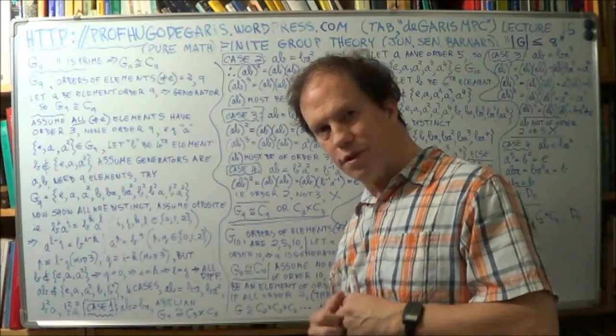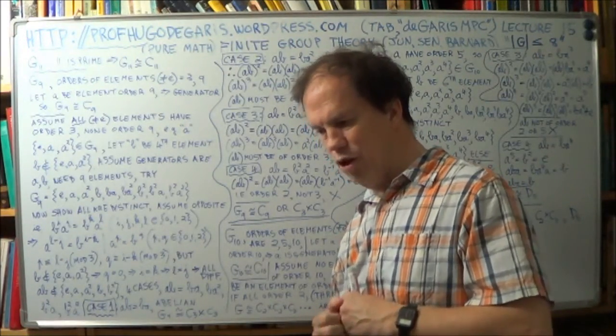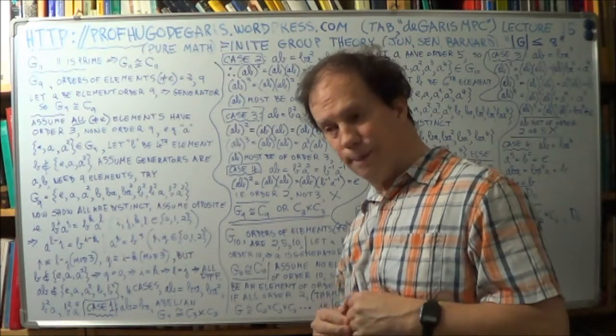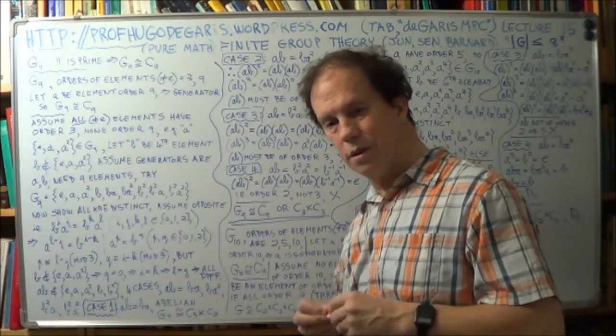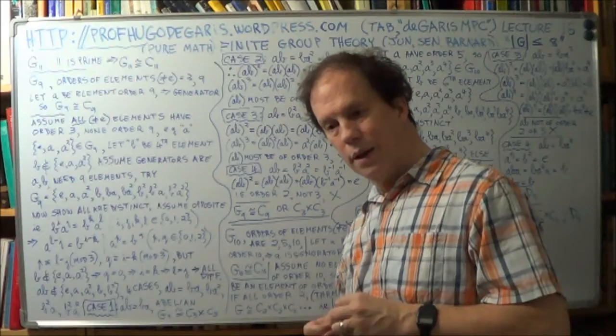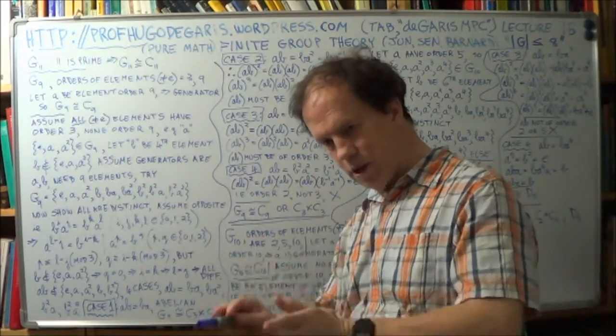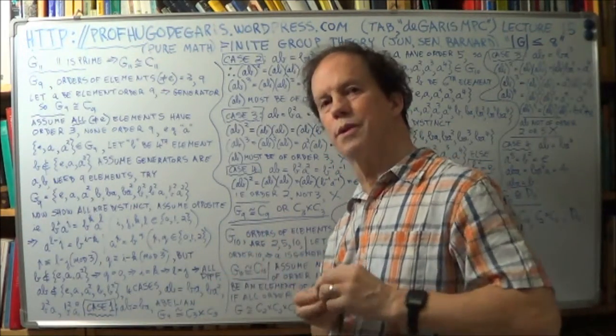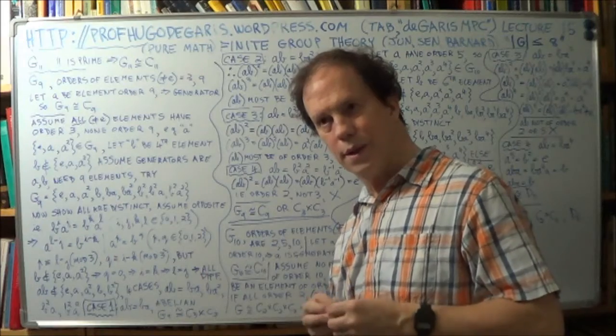That would be just monstrous. As far as I know, it's an open question. It's not been done. Only for certain specialized types of groups do you have classification theorems.